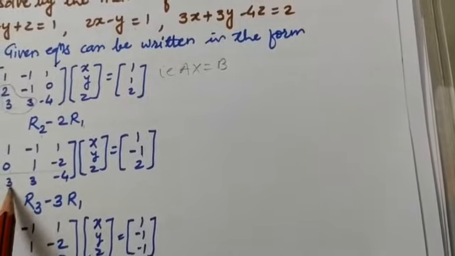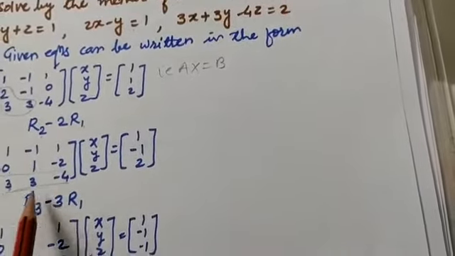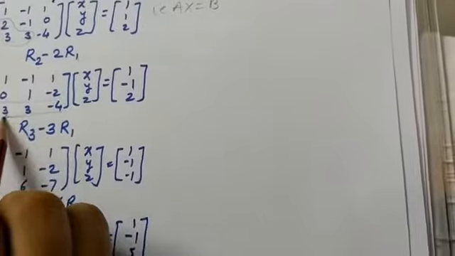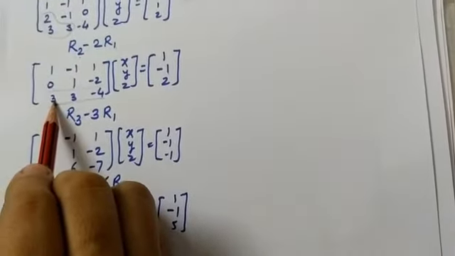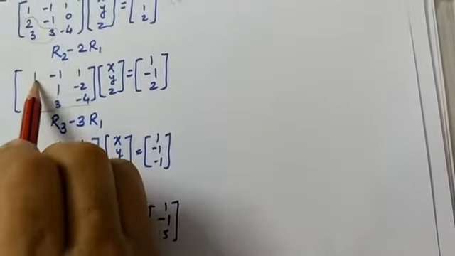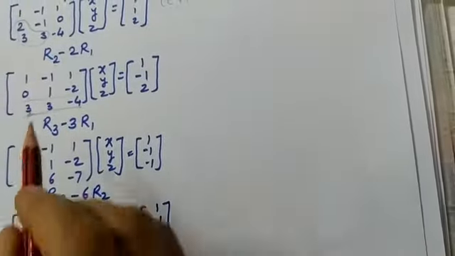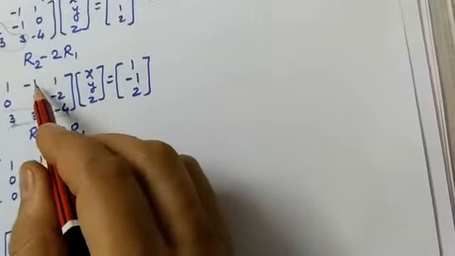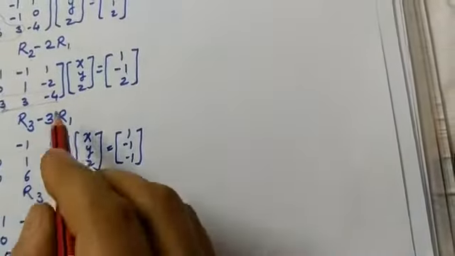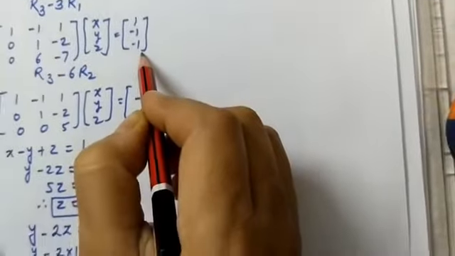In the place of 3 we want 0, so the operation should be on R3 such that R3 minus 3R1. Multiplying 3 by 1 gives 3, and 3 minus 3 becomes 0. After performing the operation you get 6 here, and after simplification the same operation is performed on the RHS.